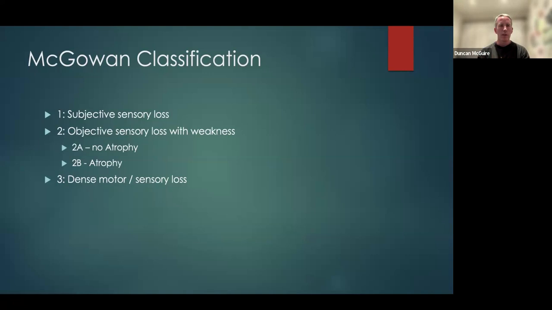McGowan 2 is where they actually do have objective sensory loss, and they do complain of weakness, and that's divided into a 2A and a 2B. The 2A has no atrophy, and the 2B does have atrophy of the muscles. And then McGowan 3 is quite advanced, and they have a dense motor deficit and a dense sensory loss.